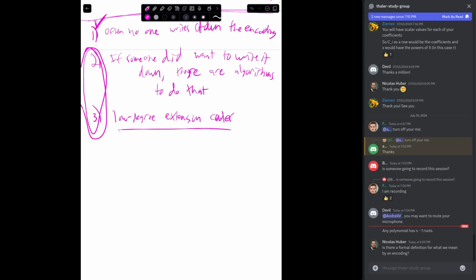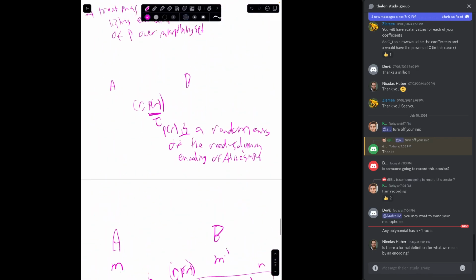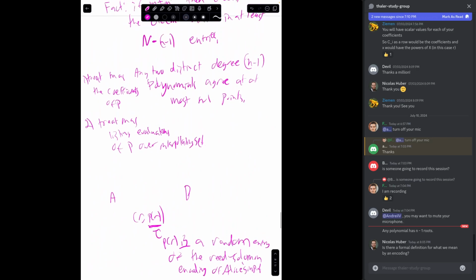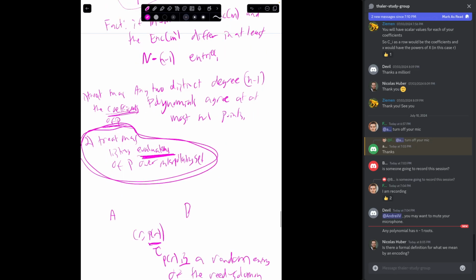So let me tell you what a low degree extension code is. It is exactly the code that you get when you treat the message being encoded not as the coefficients of the polynomial in the standard monomial basis, but rather as the evaluations. Okay.